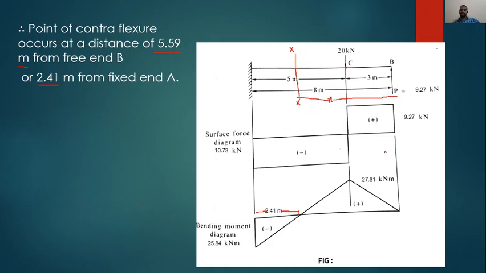And as we know, constant shear reflects a linear variation in the bending moment diagram, and it is positive, therefore rising up to here, and from here it is negative, that means dropping from here. And again, constant shear force gives a linear variation, and finally minus 25.84 over here, and because of the fixed end we have a moment or couple exactly equal to 25.84, and it finally reaches 0. And this is the bending moment diagram.